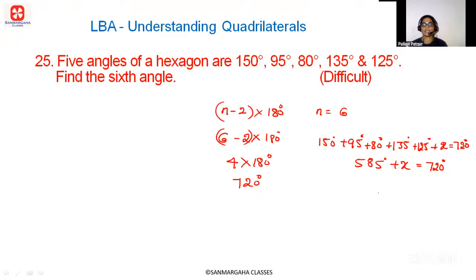So x is equal to 720 degrees minus 585, so x is equal to 135 degrees. So the sixth angle is 135 degrees.